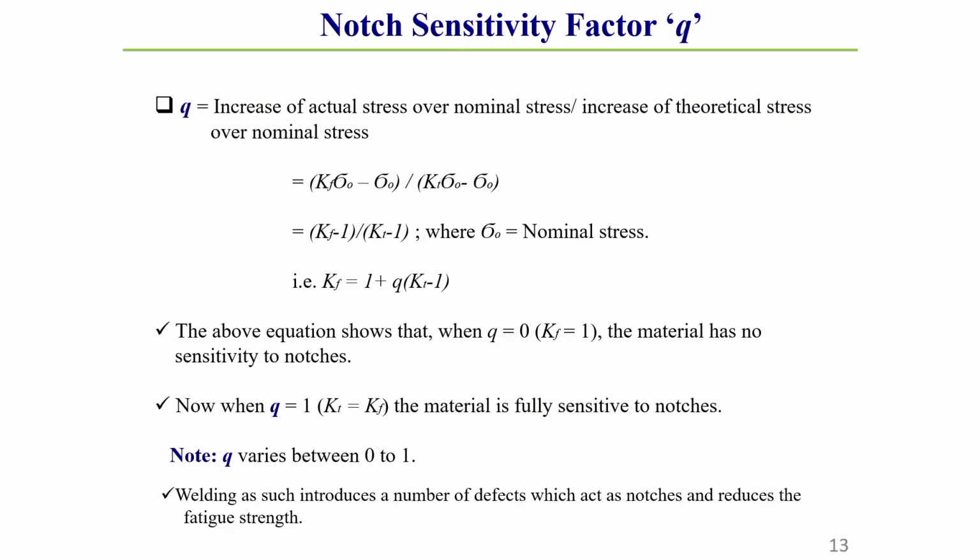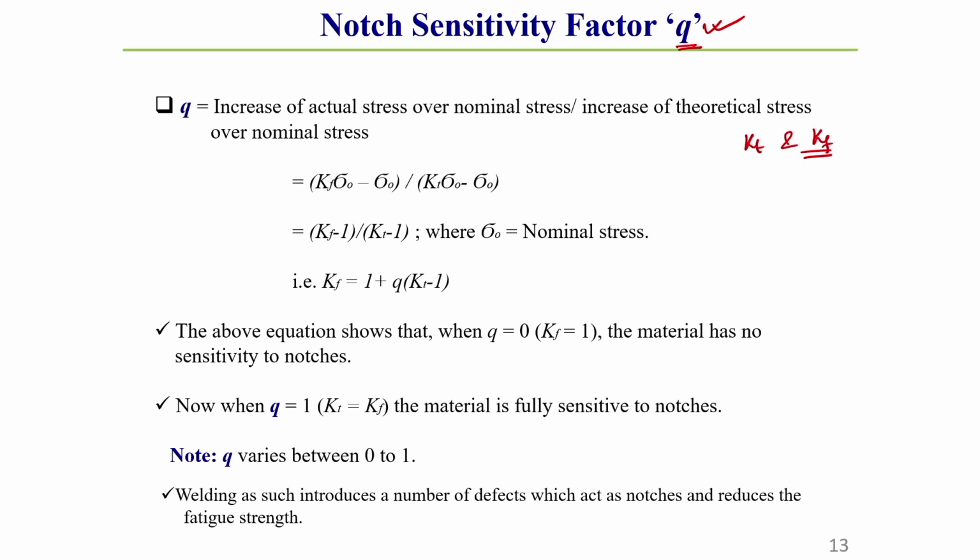Now, to quantify or find the relationship between the theoretical stress concentration factor and the actual stress concentration factor Kf, a separate factor is defined, called the notch sensitivity factor. The notch sensitivity factor is represented by q. What is the definition of this notch sensitivity factor?